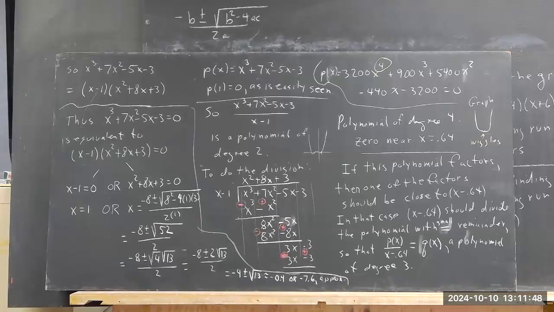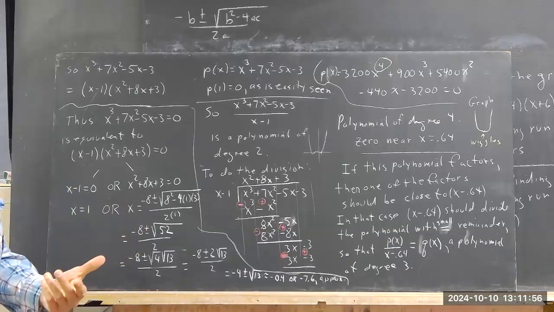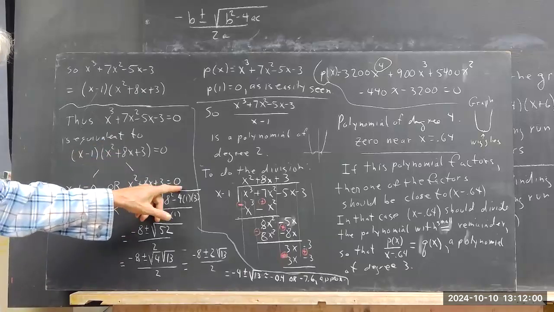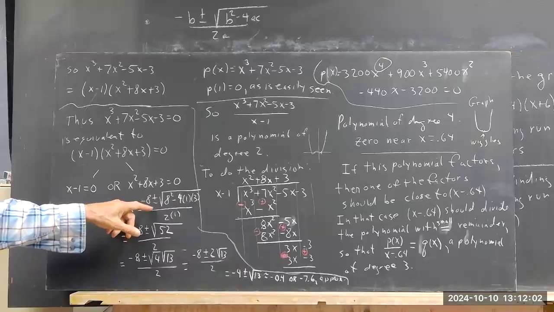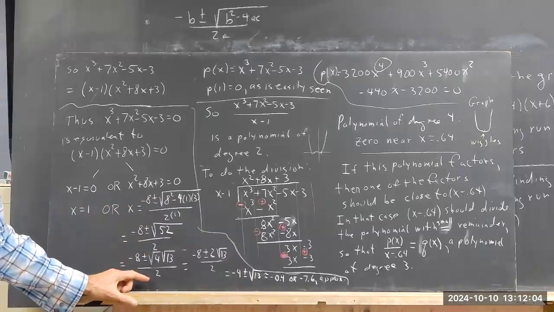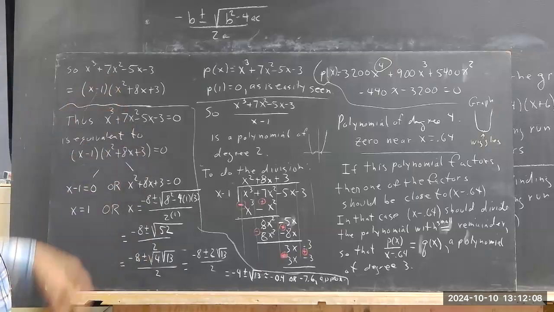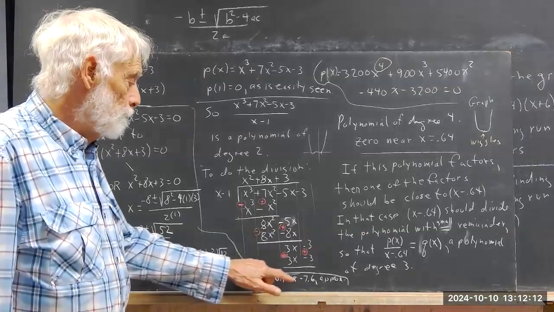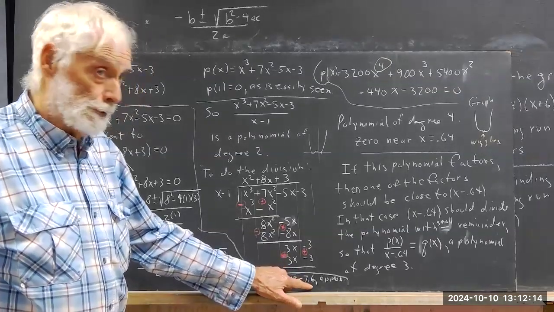This is equal to 0. How do you find when this is equal to 0? Well, you set x minus 1 equal to 0. That'll give you the 0, right? Solve that, you get x equals 1. You set this equal to 0, and it gives you a couple more zeros by the quadratic formula. So now we know that this polynomial has zeros at 1, -0.4, -7.6.